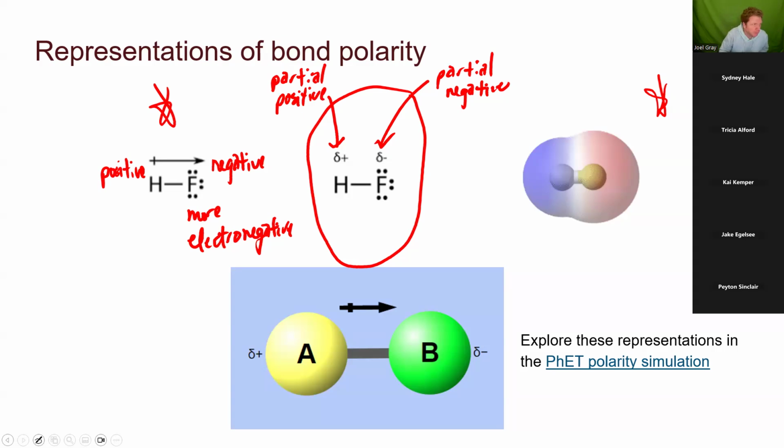Now, if we look at this model on the far right here, what color do you think is indicated by a reddish pigment?